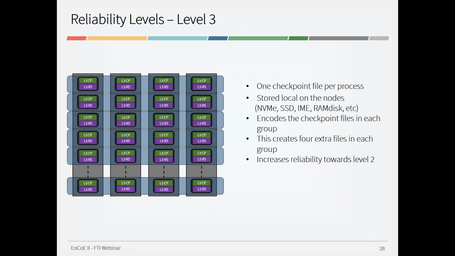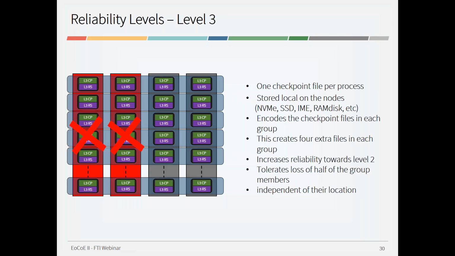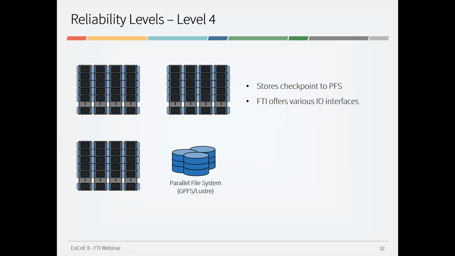As an example here for level 2 and level 3, we have seen that first we write the data locally, and when we have the dedicated head process, that is all the application processes have to do. They dump the data locally, and then the dedicated head process does the rest of the work asynchronously to the application processes. And that can be happening for level 2, 3, and level 4.